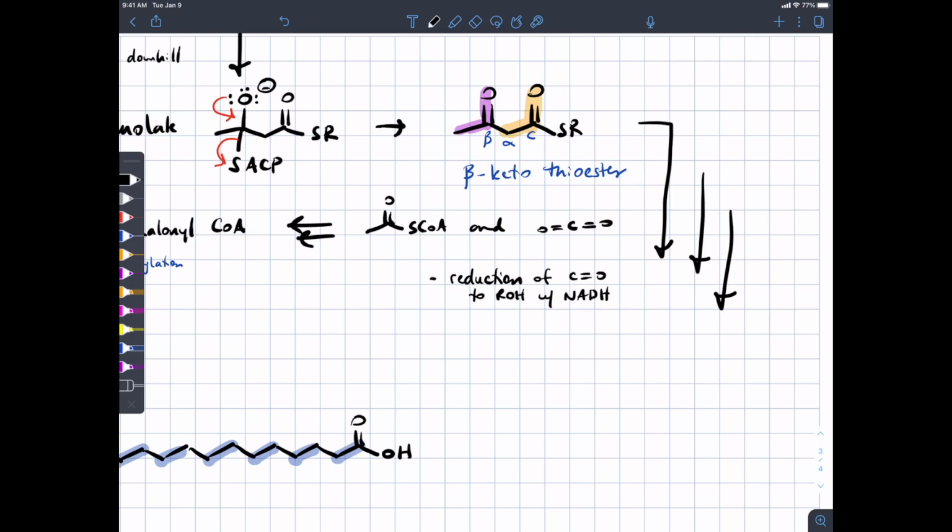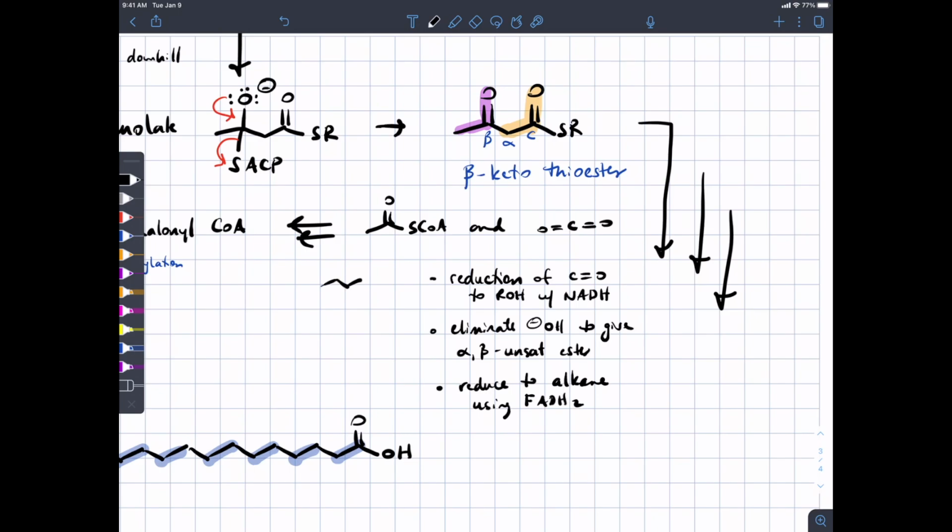We're going to eliminate OH minus to give the alpha beta unsaturated molecule. And then we're going to reduce to the alkane using FADH2.